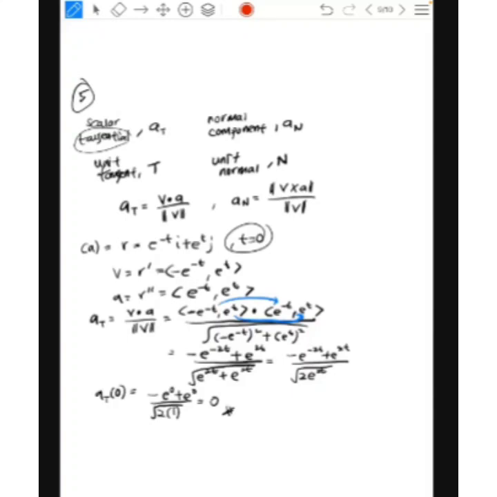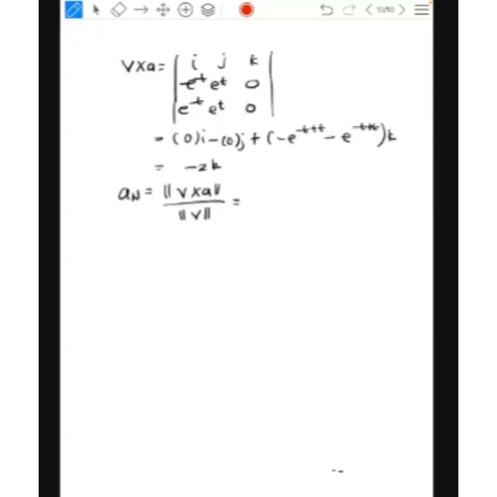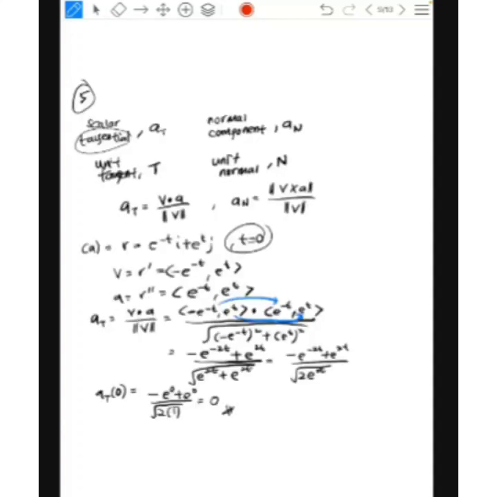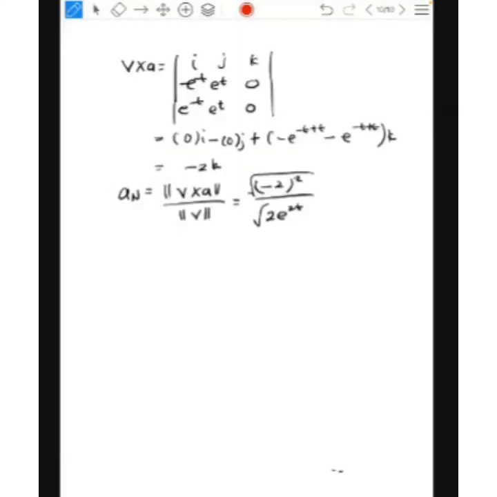Okay, which equals to 2 exponent of 2. Alright. So negative 2 over square root 2 exponent 2T. Exponent 2T square root. Okay, so this is for AN.